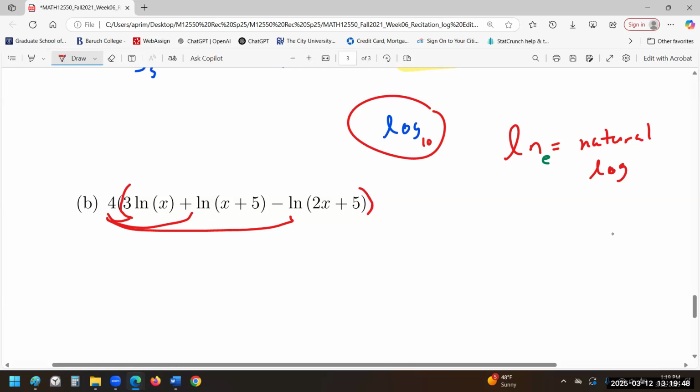Mm-hmm. We never signed the sheet today. You're not done here, right? Look at power. So anytime you have power, what do you do? Mhm.